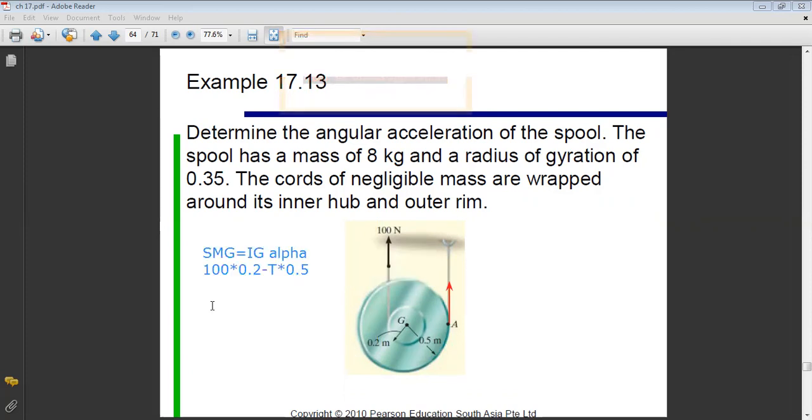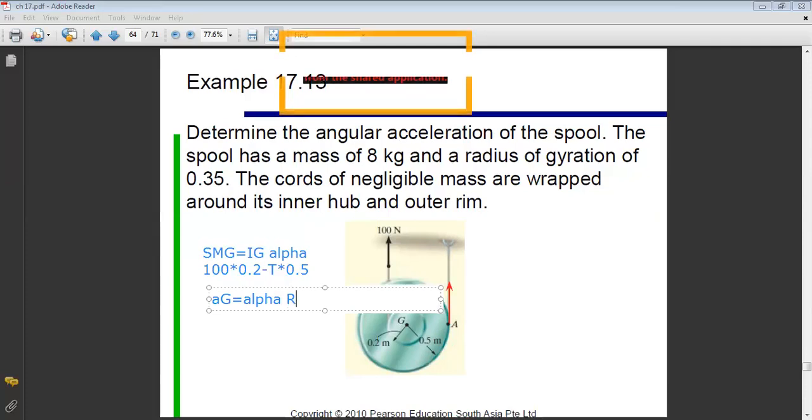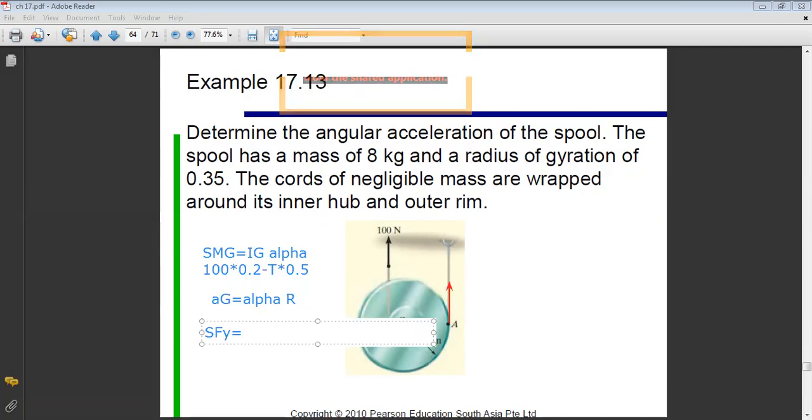Now, my second relation is AG equals to alpha R. I need now a third relation because I have 3 unknowns, AG, alpha, and T. The third relation will be sum Fy equals to what? What is sum Fy? MAG.